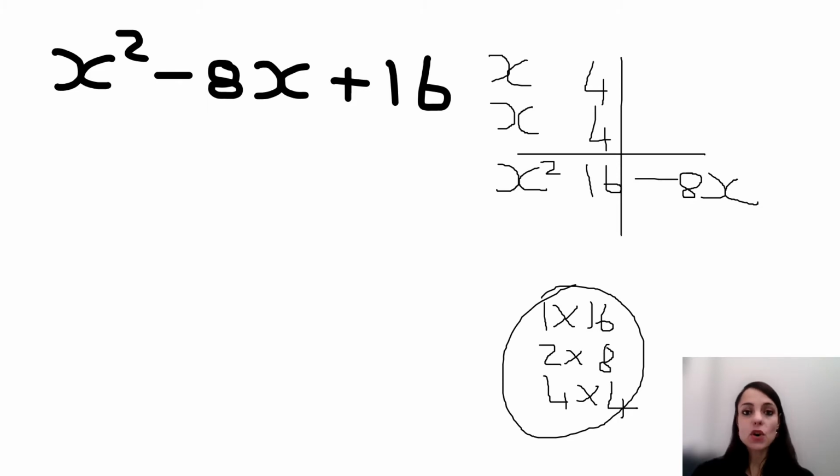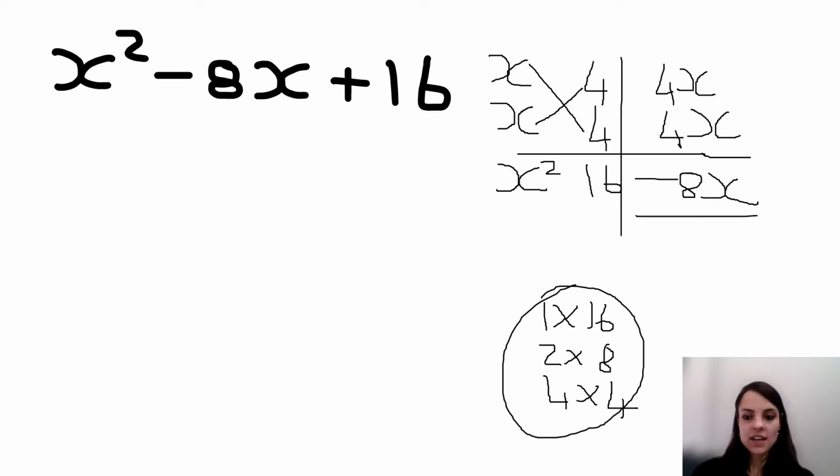Remember that I said we cross multiply. X times 4 is 4x. And again, x times 4 is 4x. Now comes the difference. This time we need a negative 8. So 4 plus 4 will give you 8.